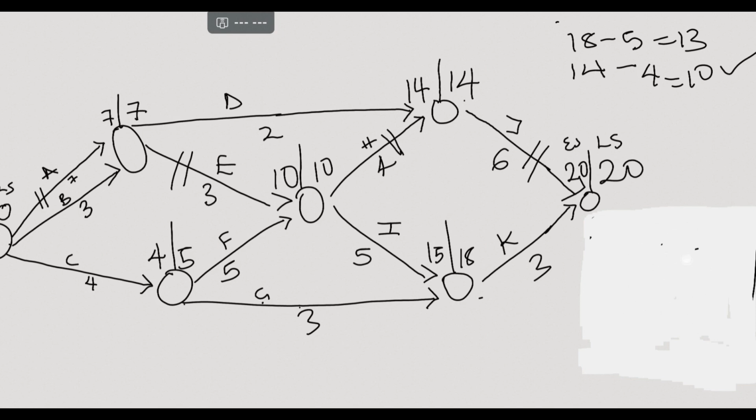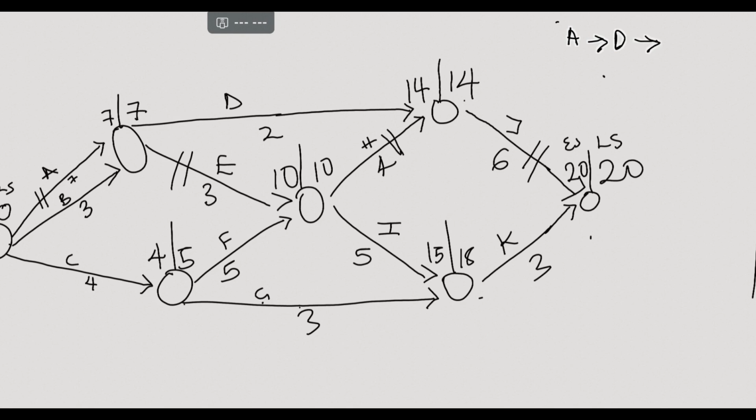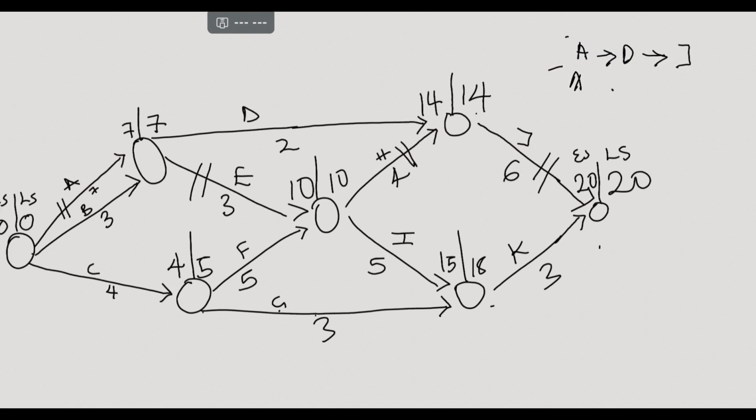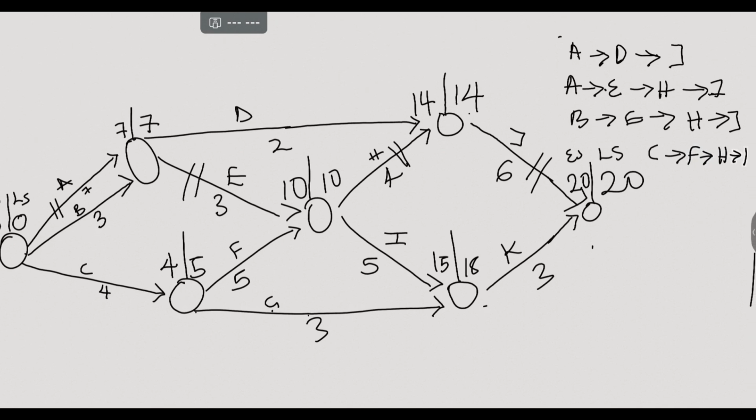The paths that you can identify in this question are: you can do A, B, J. You can go from A to E to H to J. You can go from B to E to H to J. And you can go from C to F to I to K. You can go from C to G to K.